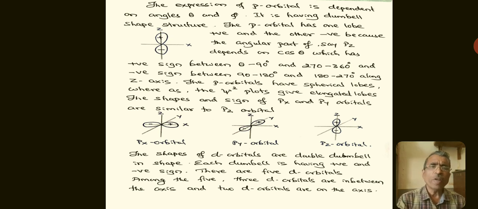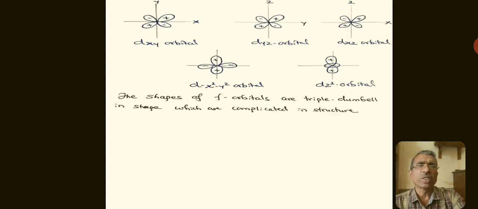The shapes of d orbitals are double dumbbell in shape. Each dumbbell has a positive and a negative sign. There are 5 d orbitals. Among the 5, 3 d orbitals are in between the axes and 2 d orbitals are on the axes.